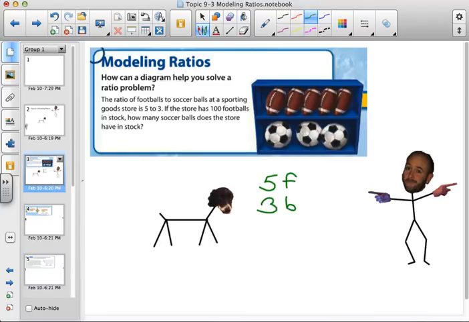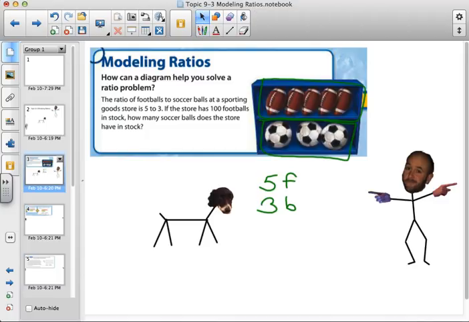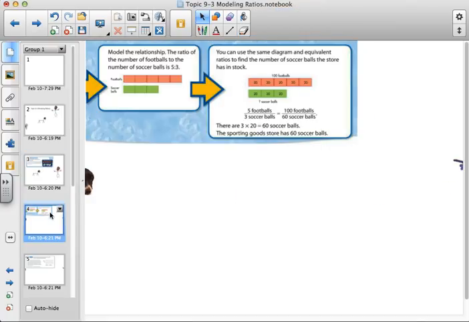So that means, like they said in the video, for every set of 5 footballs, we're going to have 3 soccer balls. Now, what we're talking about in this situation is some real-life mathematics. Okay? So let's go on and see how they solved this problem.